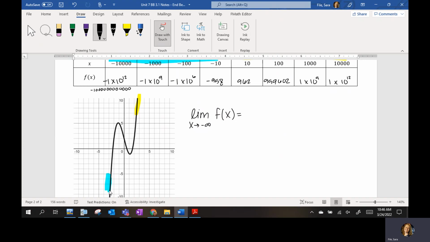Negative infinity, right? It's going down forever. Sometimes these are specific numbers like 0, if there's an asymptote that it's approaching. This doesn't have an asymptote, so it's just going down forever to negative infinity. Okay, so that's the left-hand side end behavior.